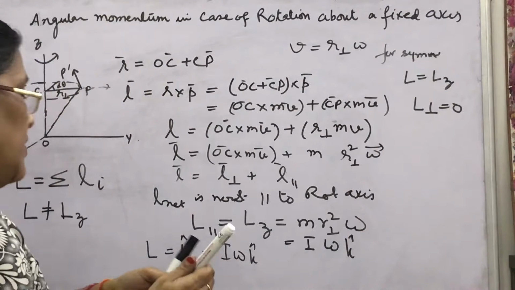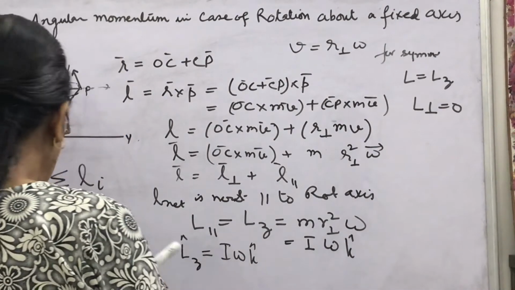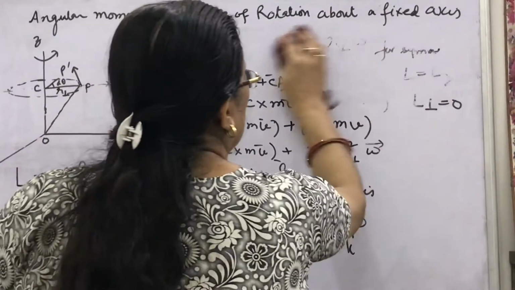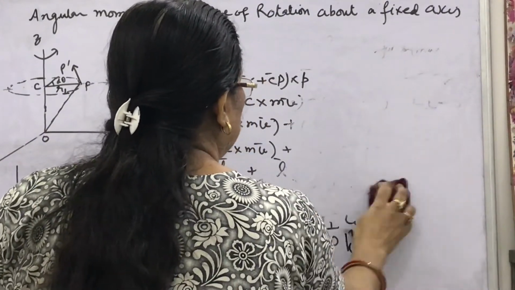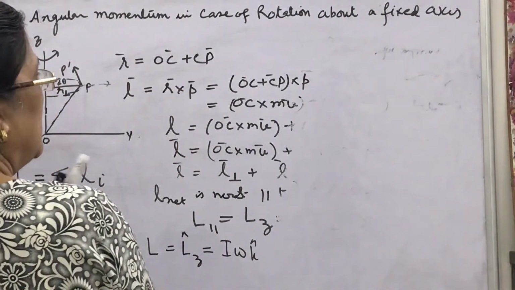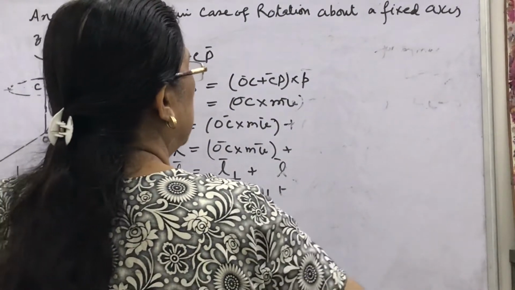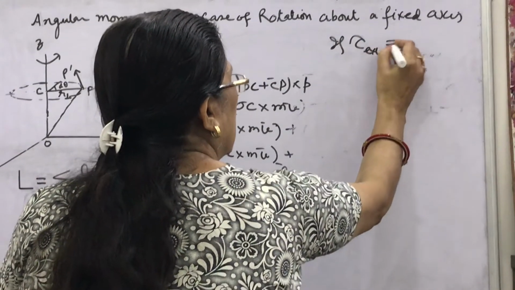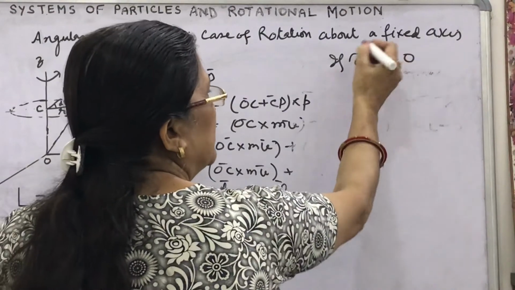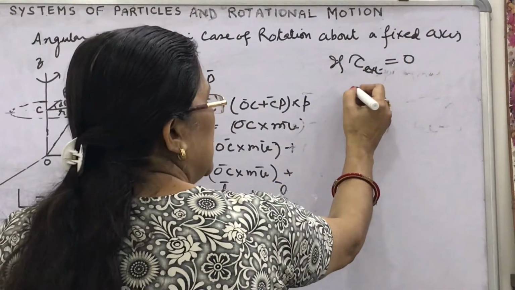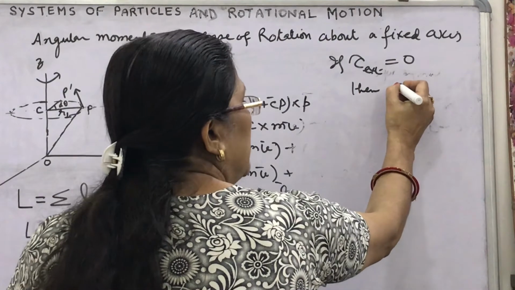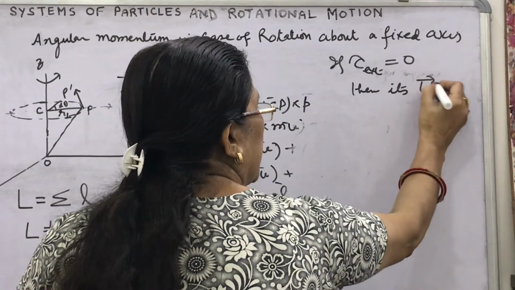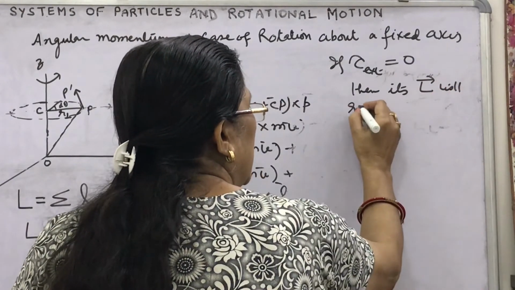So the law of conservation of momentum says that if external torque is 0 for a body rotating about a fixed axis, its angular momentum will remain conserved.